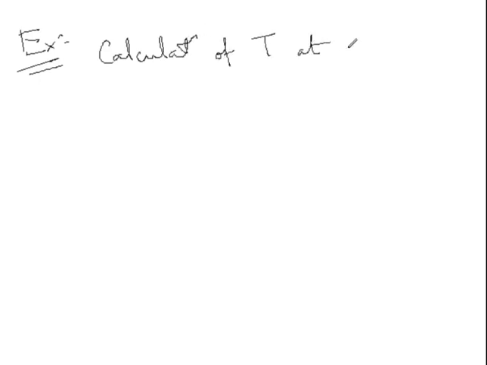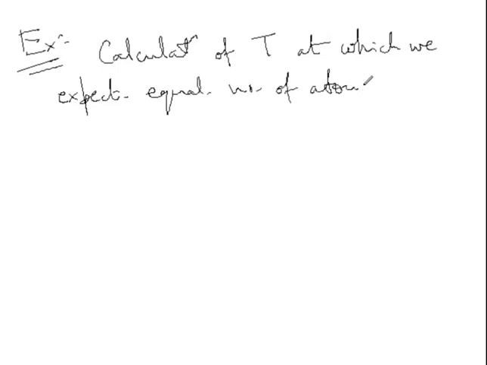Okay, so we will consider an example, and the example is calculation of the temperature at which we expect an equal number of atoms in ground state, that is n is equal to 1, and in the first excited state.